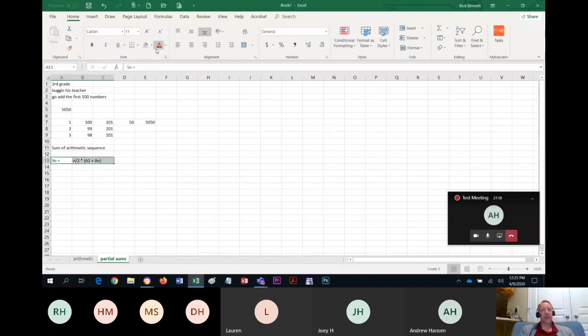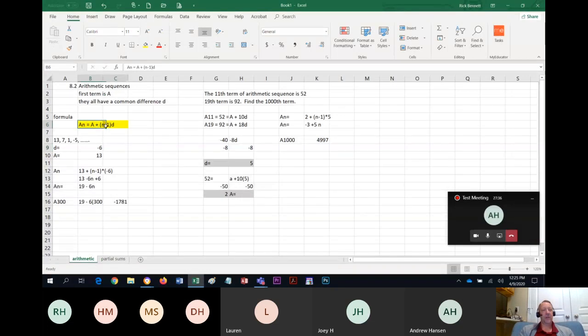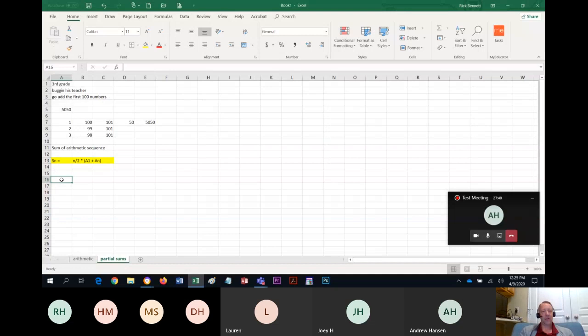So this here is another formula that you're going to want to know for the test and for the quiz. Now the question is, what if you don't know the last number, a sub n? Well, from what we just did, we could substitute in the formula for a sub n.